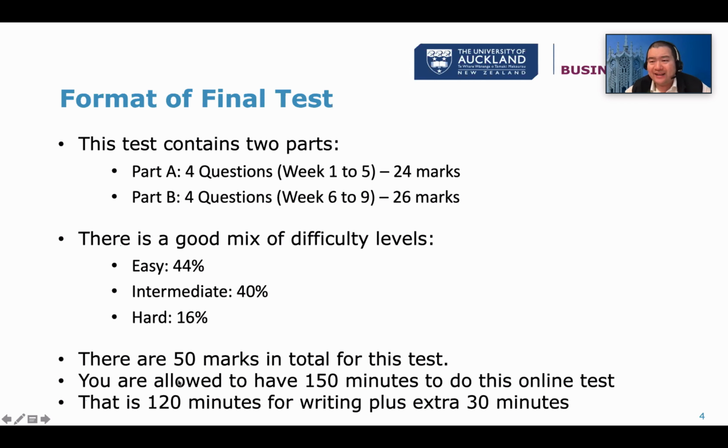One technique that I would like to suggest is this: whenever you complete a question, if you have tried CrowdMark, you can see that at the bottom of the page there's a tab for submit for evaluation. Once you complete a question, you can click that tab, and your answer will be uploaded to the CrowdMark system.